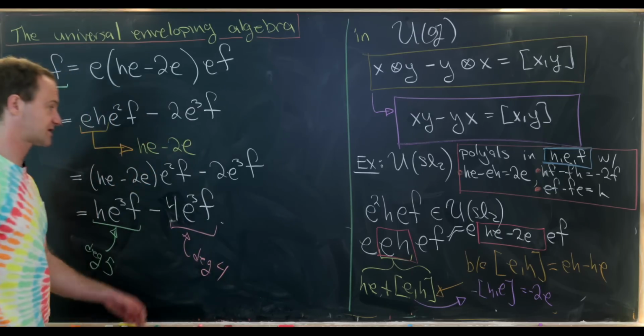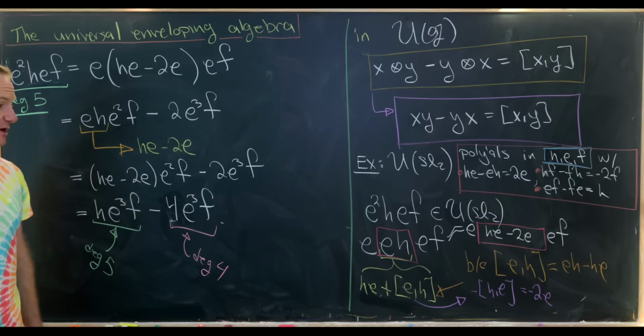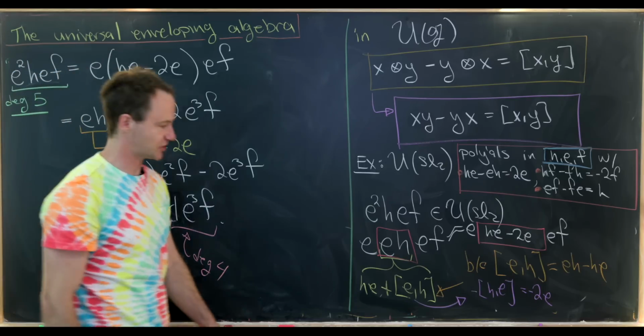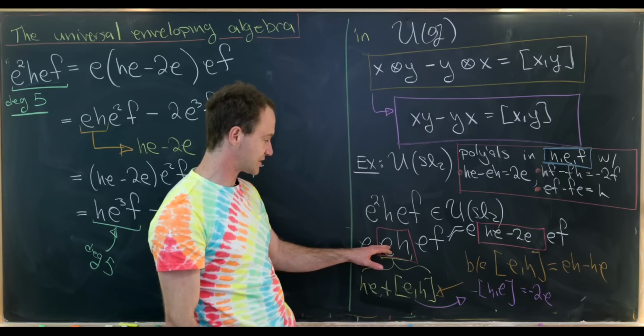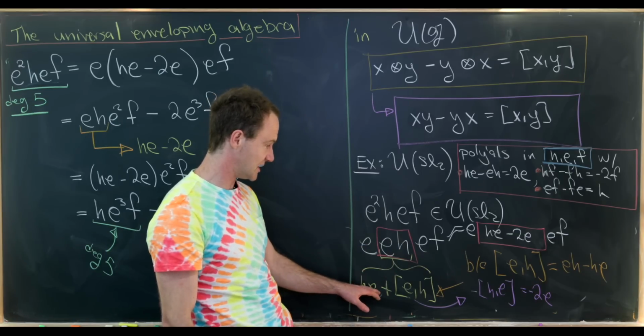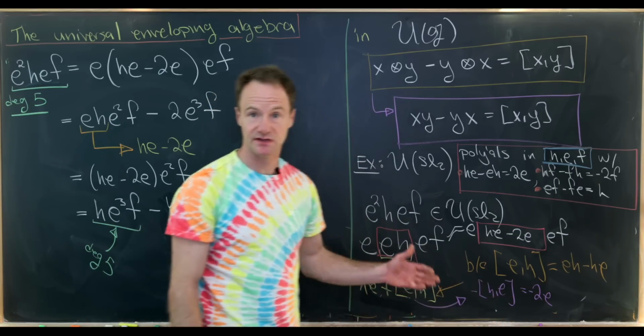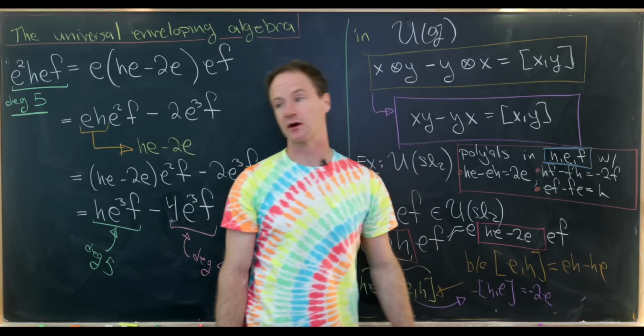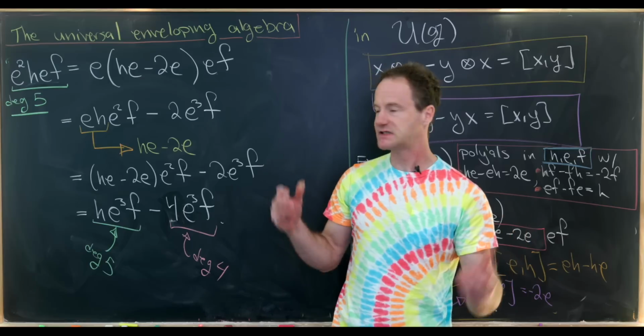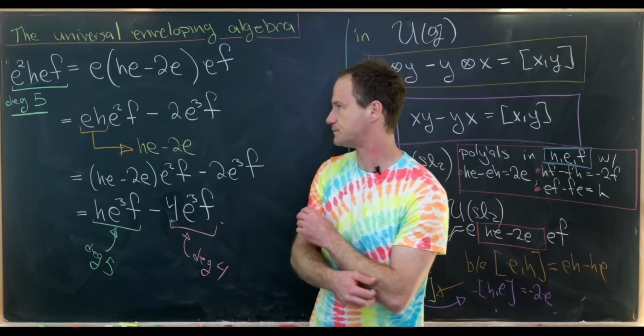And we lost a degree every time we did this commutation relation. And that's because we've got this relation that allows us to write EH minus HE as minus 2E. So it's a quadratic combination of things rewritten as a linear combination of things. Meaning, like I said, this degree is not canonical.